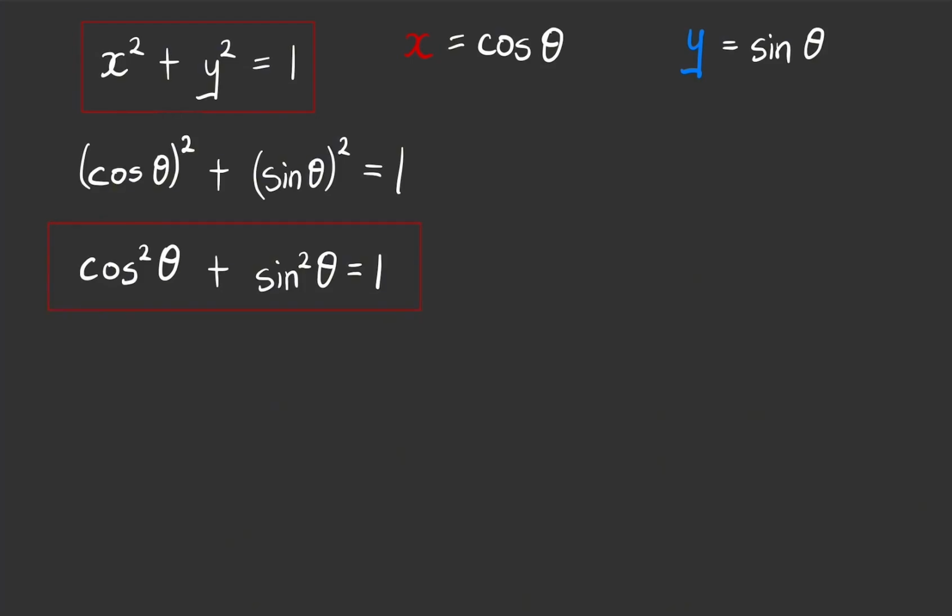This here is one of the Pythagorean identities, and there's 3 of them. This is the first one. The other 2 can be derived from this one. So let me call this equation 1.